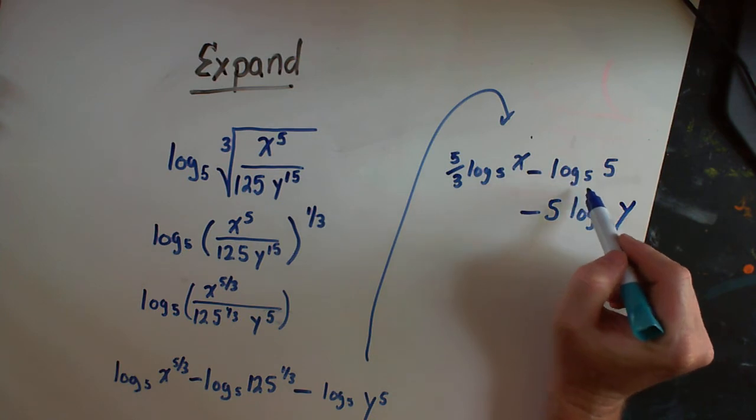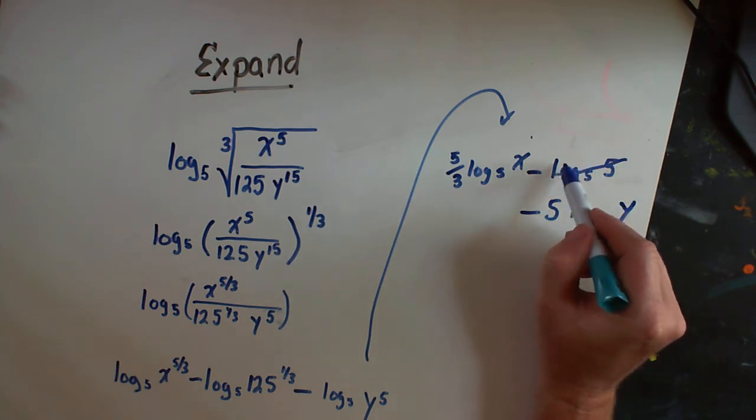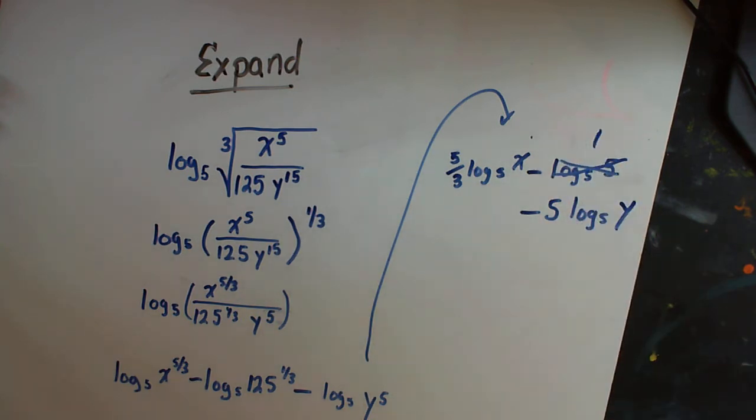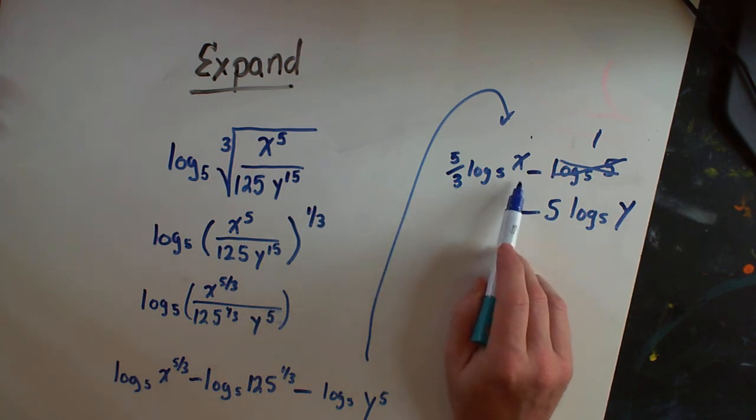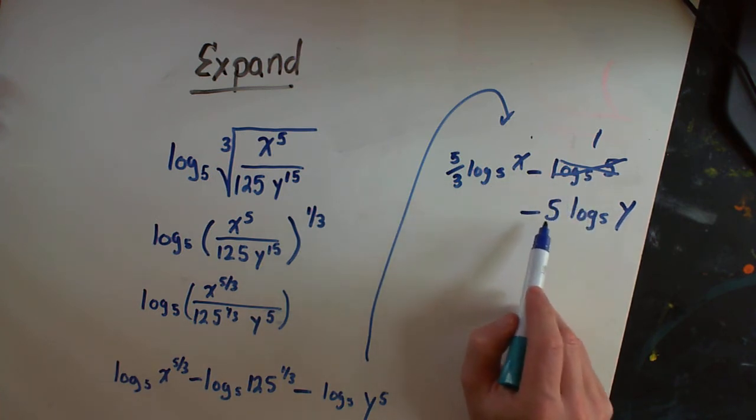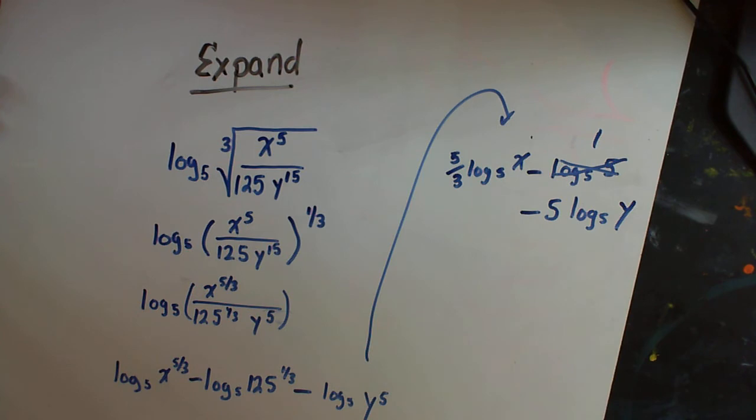This log base 5 of 5 just cancels down to a 1. So in the end, we have 5/3 log base 5 of x minus 1 minus 5 log base 5 of y. Fully expanded.